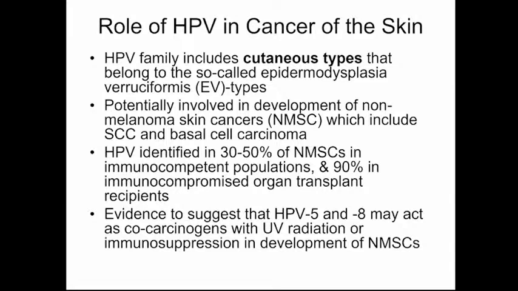Potentially, they are involved in the development of non-melanoma skin cancers, which include squamous cell and basal cell carcinomas. HPV is identified in up to 50% of these non-melanoma skin cancers, particularly in immunocompetent populations. But for the immunocompromised, this figure rises to 90%.